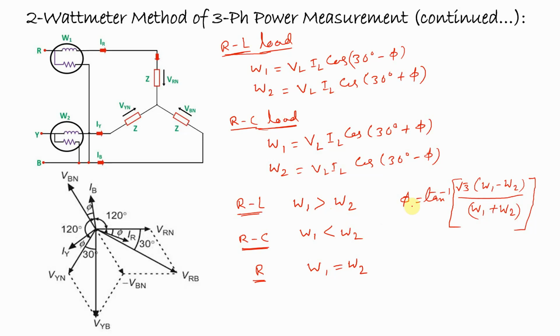In all the cases, the value of phi will be calculated by using this formula only, and the power factor is cos phi. So in this way, the two wattmeter method is used to measure the power. We can also find the power factor of the load, as well as identify the nature of the load. Thank you.